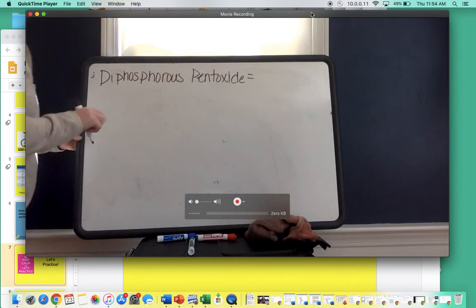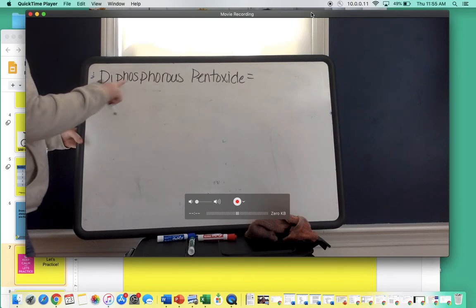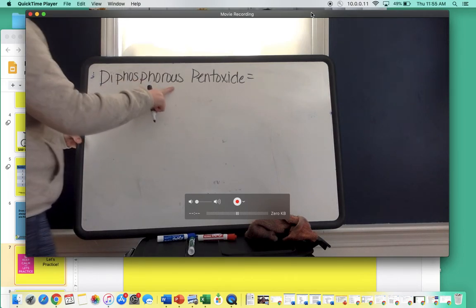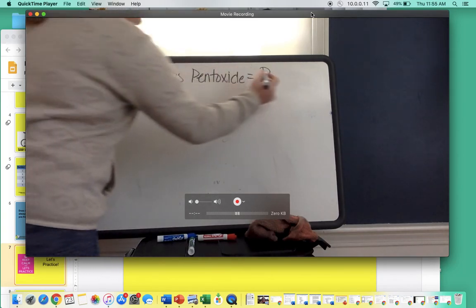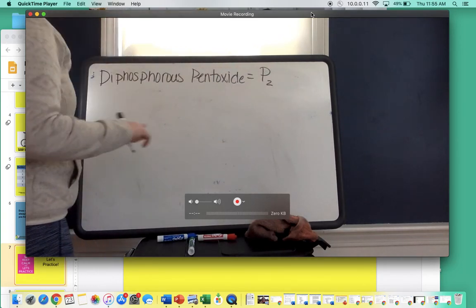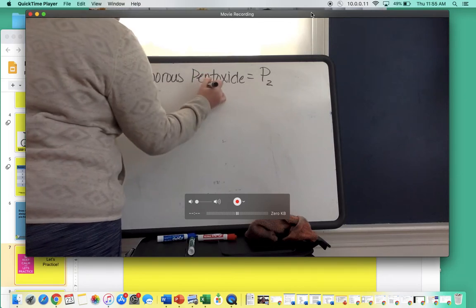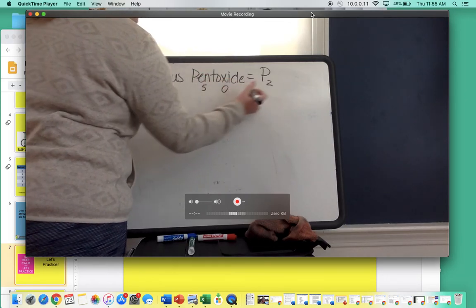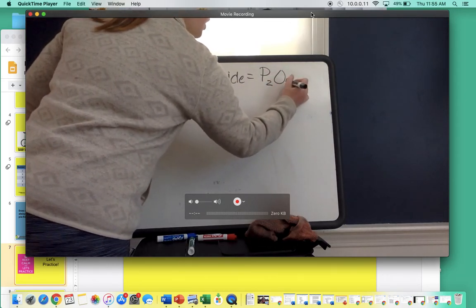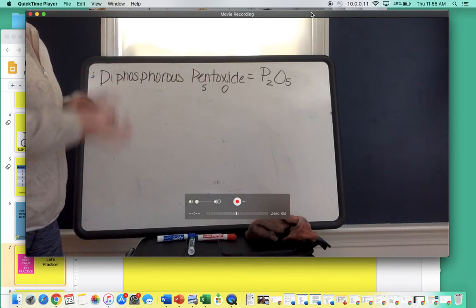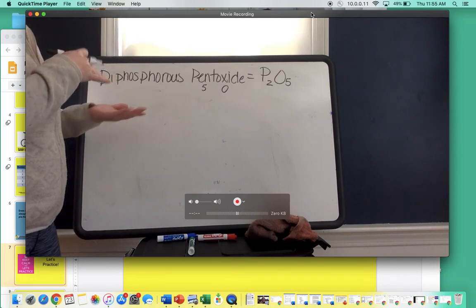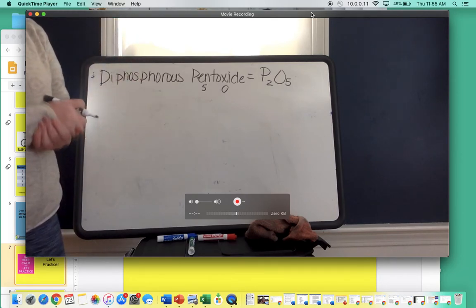Okay, so di is 2. Our symbol for phosphorus is P. So phosphorus is P. Di is 2, so we write the 2 at the bottom. And then penta is 5. Oxide is O, so it's P2O5. Notice for covalent, there is no crisscrossing. You're just simply writing the element with the prefix, okay?